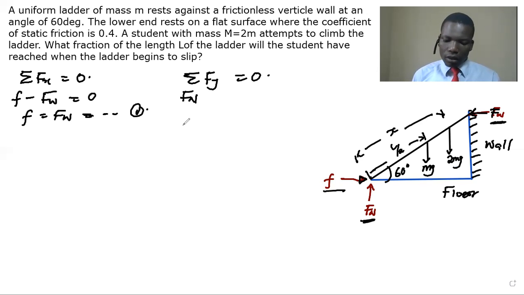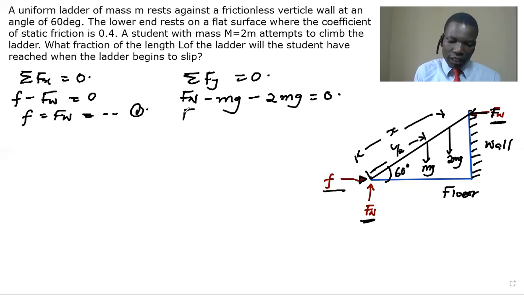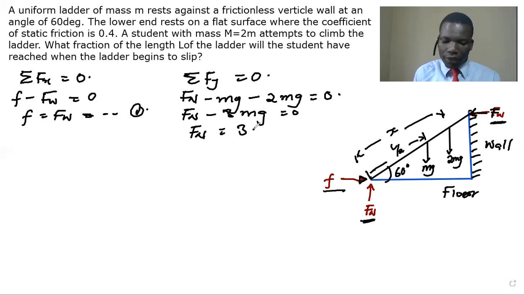So we have minus mg, the weight of the ladder, and minus 2mg, the weight of the student, giving 0. So Fn minus 3mg equals 0, and the normal force is 3mg. This is our equation 2.